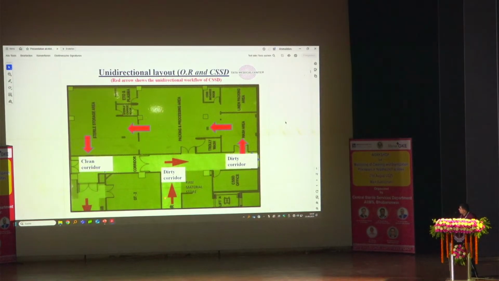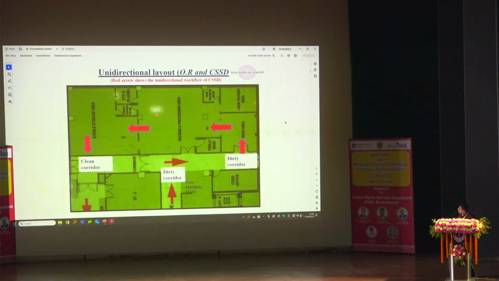This is the dirty corridor. Through this dirty corridor, the soiled instruments go to the washing zone. From this washing zone, it goes to the washer disinfector, and after completion of the disinfection process, these go to the packaging zone.